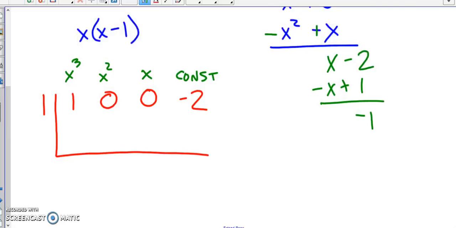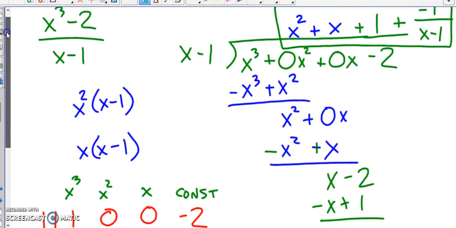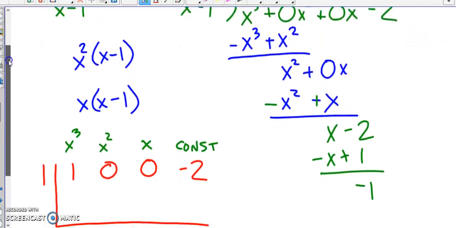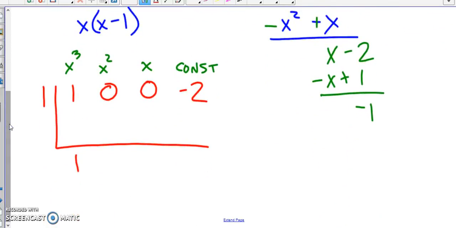Now, the first thing that you do is you bring down this first 1 here. So you bring down your first number. Essentially, that is part of this piece up here. It's just going to collapse down on itself. So first you bring down this, and then 1 times 1 is 1.